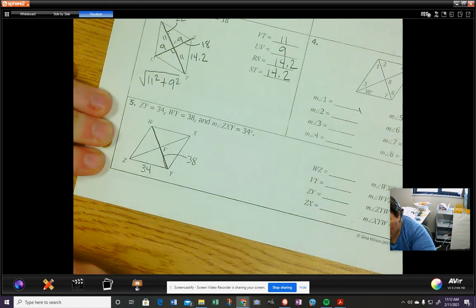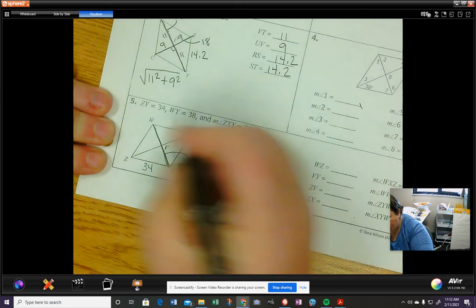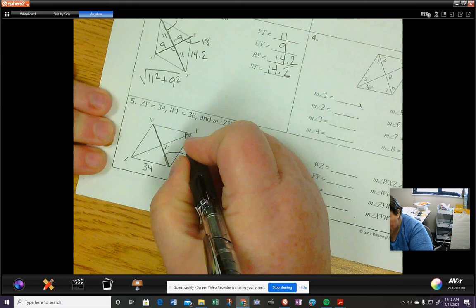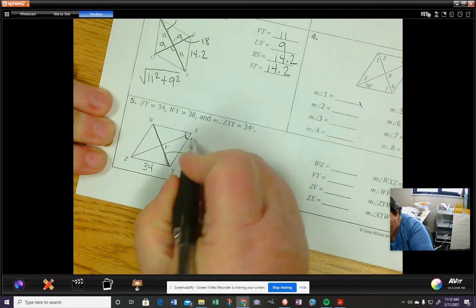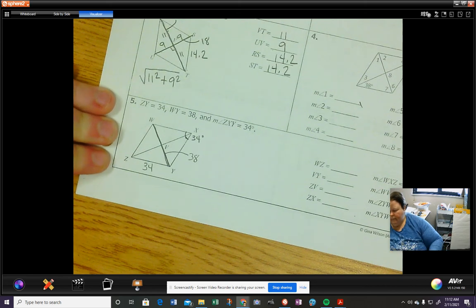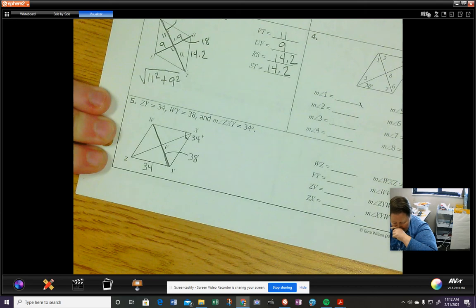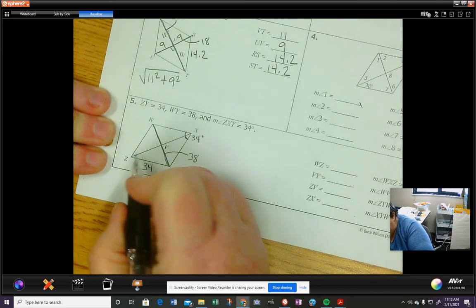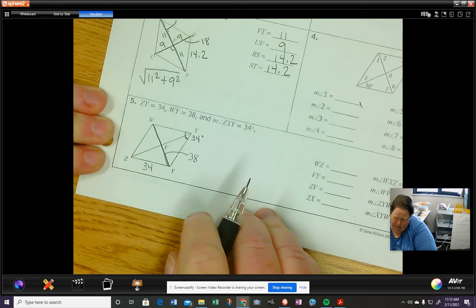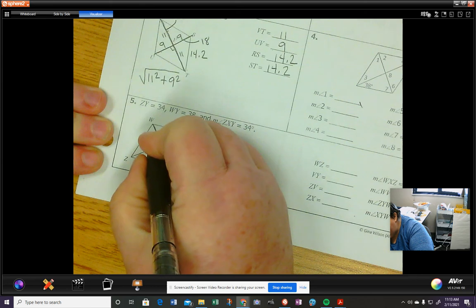An angle of ZXY, this big angle right here, is 34 degrees. So we know that we can find 38 divided by 2 is 19. So this side is 19.